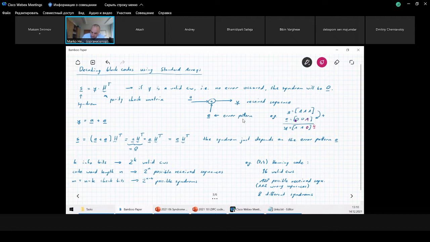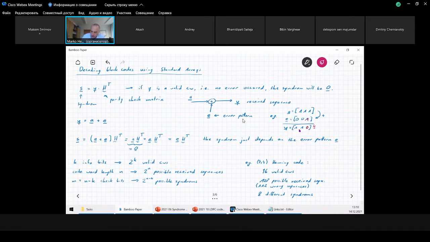And the syndrome just depends on the error pattern. So for example, if I transmit 111, the last bit is wrong, and I receive 110, I will get the same syndrome as if I transmit 000, the last bit is wrong, and I receive 001.